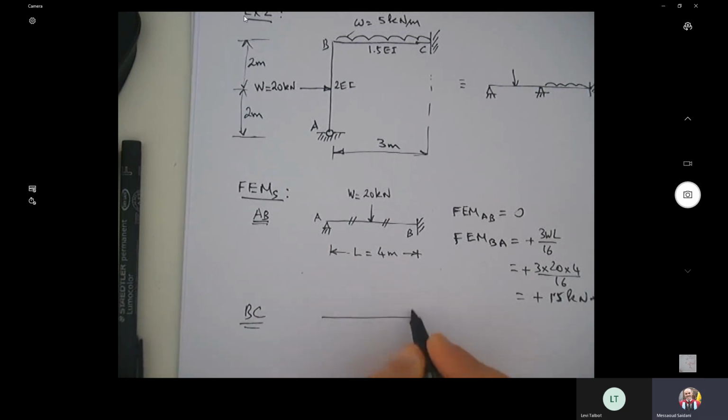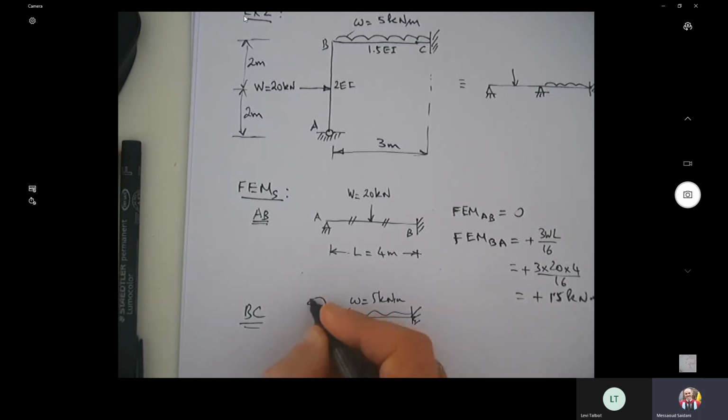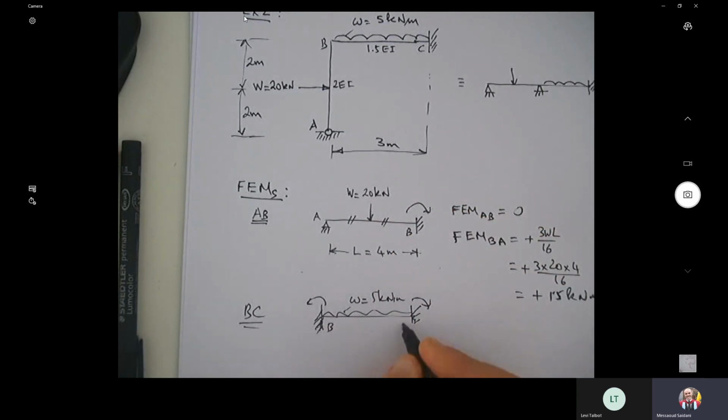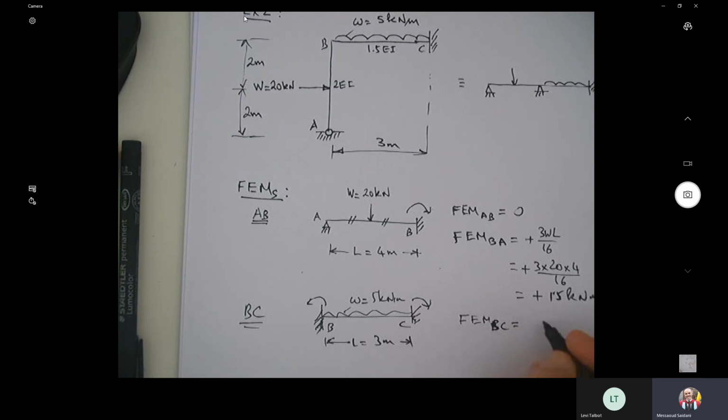This is BC, and we have a UDL. W is 5, and the length is 3 meters. What is the fixed end moment at B, please? Is it minus WL squared over 12?